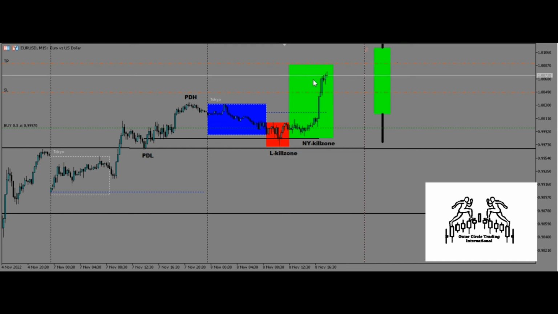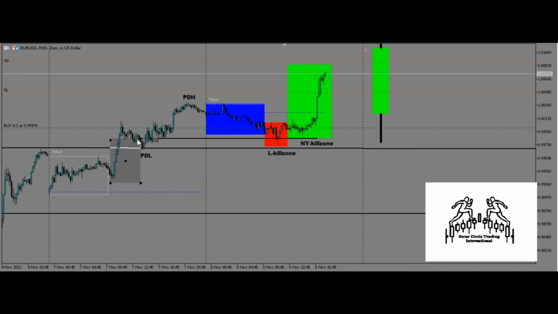You can find price expanding to the upside, and the New York session opening above the opening price. Like here on this particular day, you can see this was the London session, and the New York session marked only a minor pullback and price continued going up.